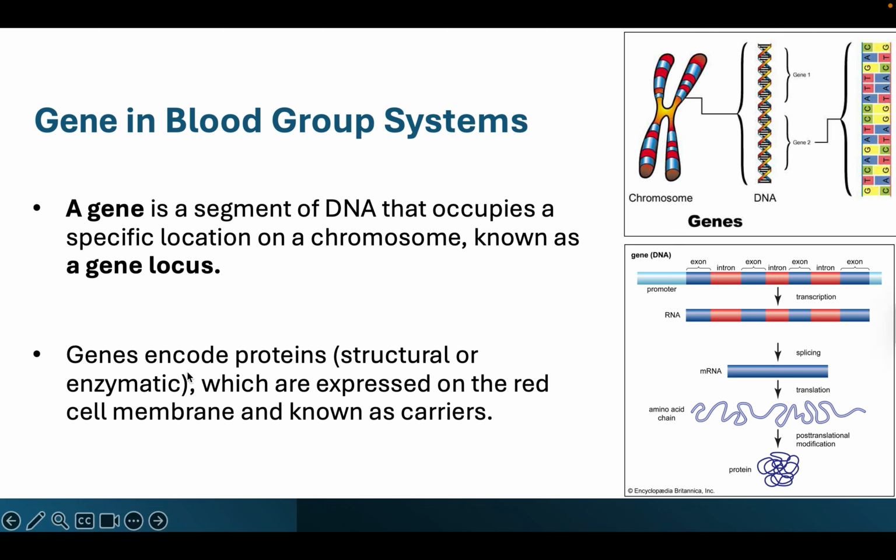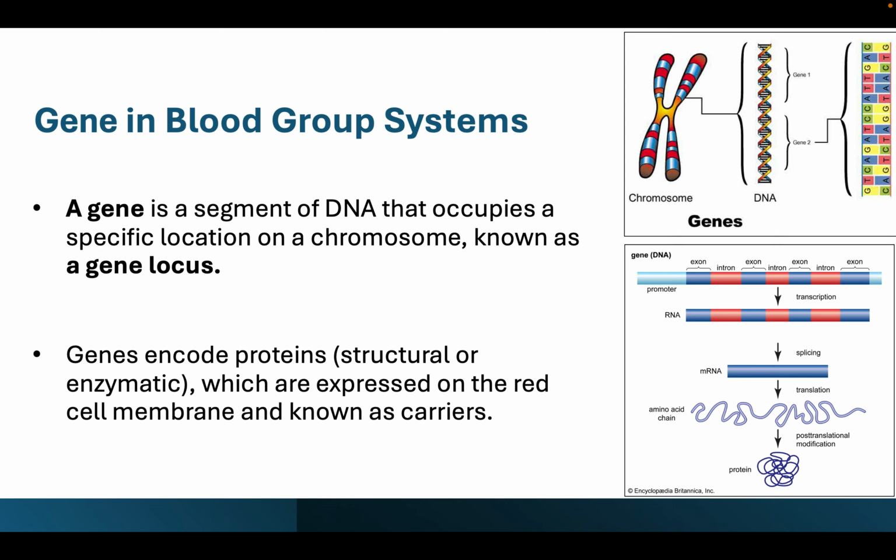So the gene encodes the protein, structural or enzymatic. In the blood group area, the gene encodes the protein that carries the blood group antigen, or it encodes the enzyme that helps to synthesize the blood group antigen.